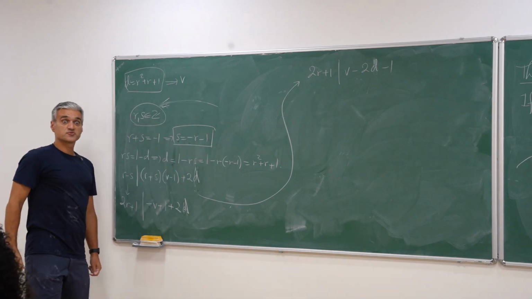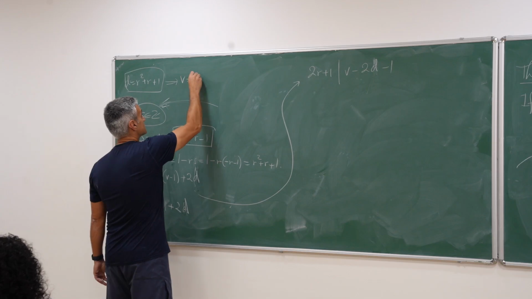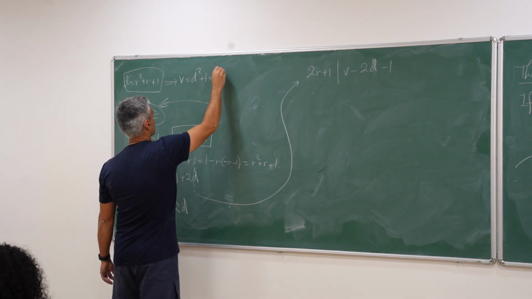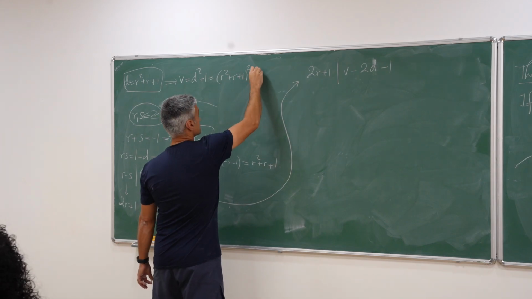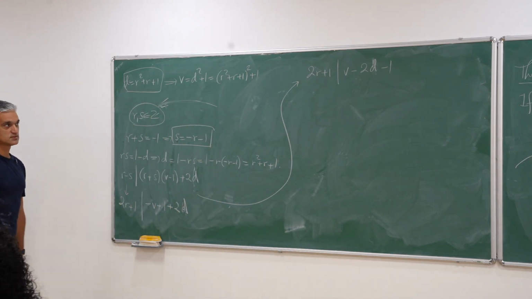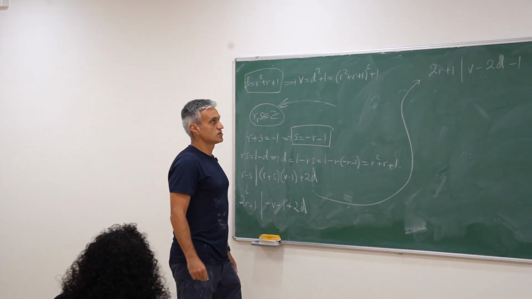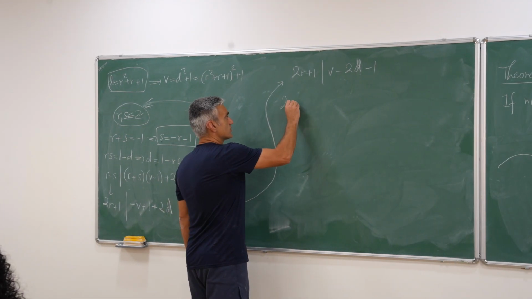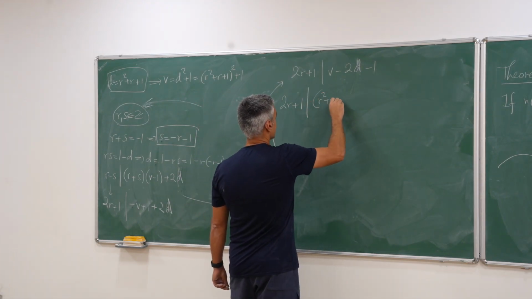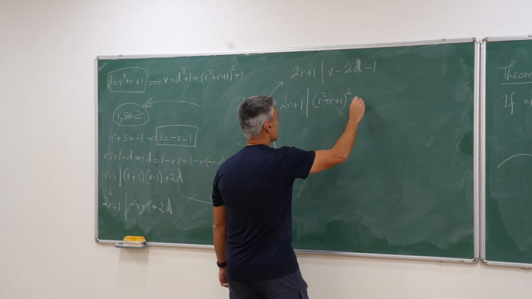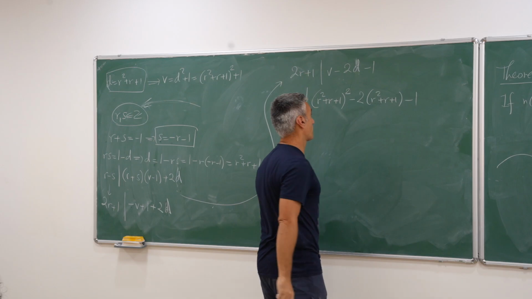And now the V, what is V? It's D squared plus 1. And yes, I know you want to do this on a Friday afternoon. I'll just leave it like this. So now 2R plus 1 divides this: R squared plus R plus 1 squared plus 1 minus 2 times R squared plus R plus 1 minus 1.